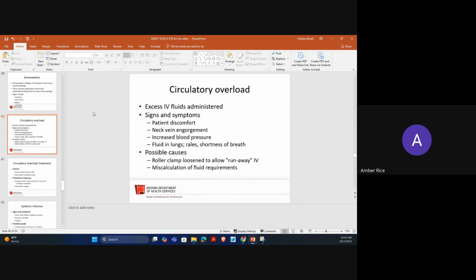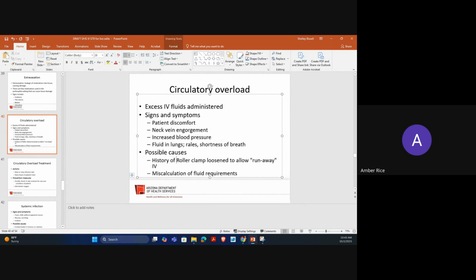Maybe in possible causes, we could put heart failure or something like that, or history of heart failure. What do you think? And then neck vein engorgement. I don't know if we want to keep that in there as a general thing to teach.